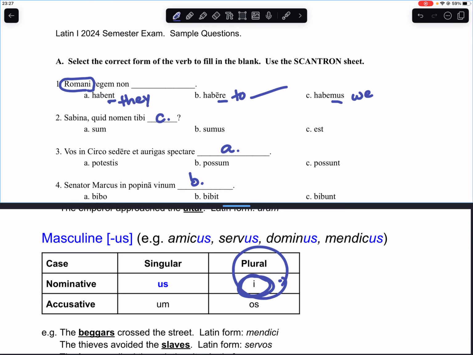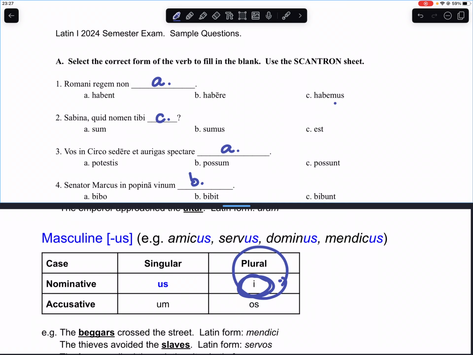Habere with an -re is not going to be it. But when we're talking about the Romans, we're using the word they. So this literally says the Romans, they do not have a regem, a king. The Romans do not have a king.